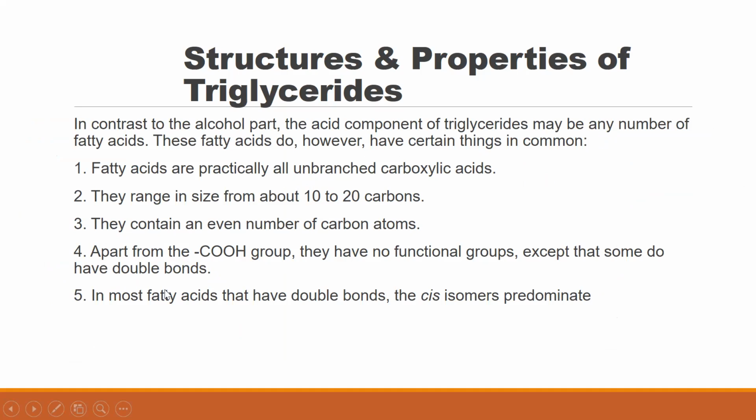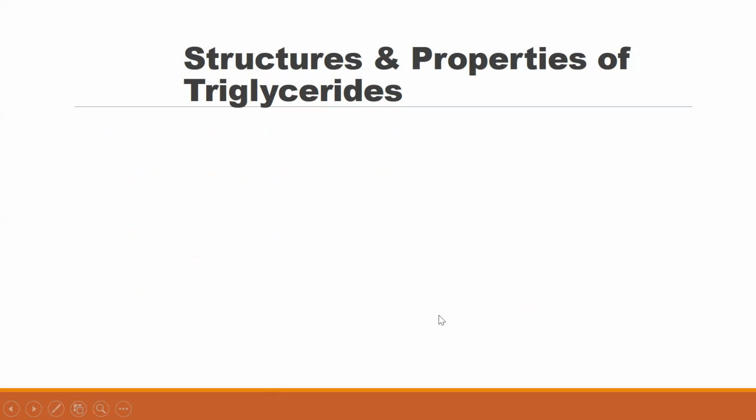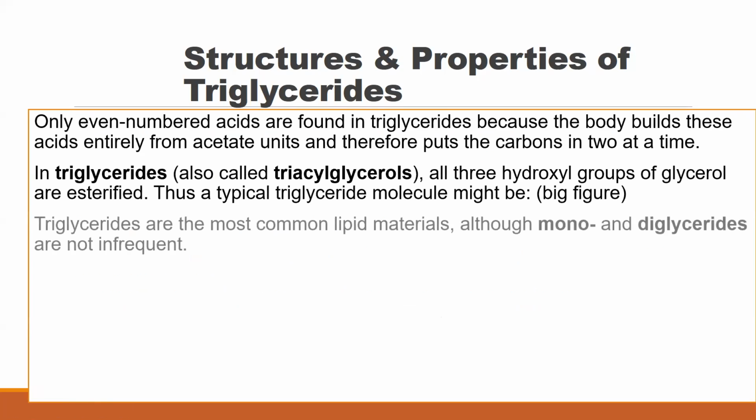Another exemption is the eicosanoids, which have a ring and an OH. Apart from that, there are no other functional groups present except the OH. In most fatty acids that have double bonds, of course, you've learned that the cis isomers predominate. Okay?